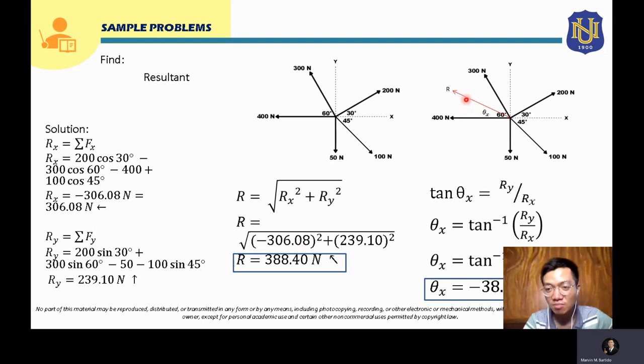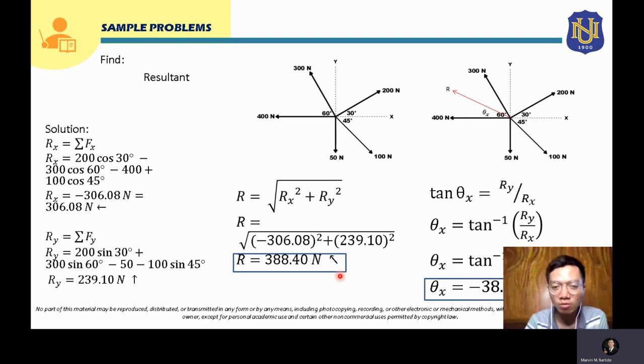Since it is measured in a counterclockwise manner, it will really be negative. But if it's measured from here, that will be positive. Say your resultant is in quadrant 1, your angle will be positive. But anyway, that sign is not really important, since we have the direction here.